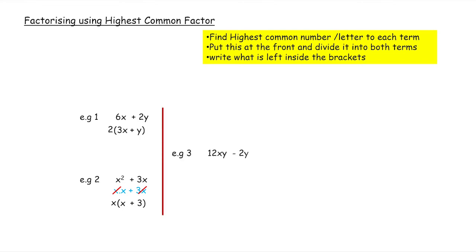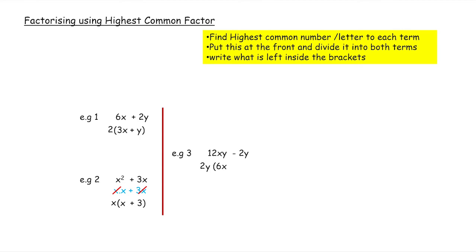Let's try another. 12xy minus 2y. In this case, our highest common factor is a number and the letter y. We divide this into both terms. 12xy divided by 2y leaves us with 6x.